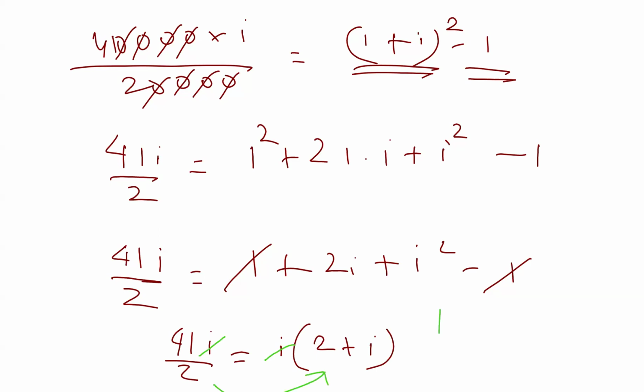Now cross multiply over here. So 41 is equal to 2 into 2 plus i. So 41 is equal to 4 plus 2i, right?